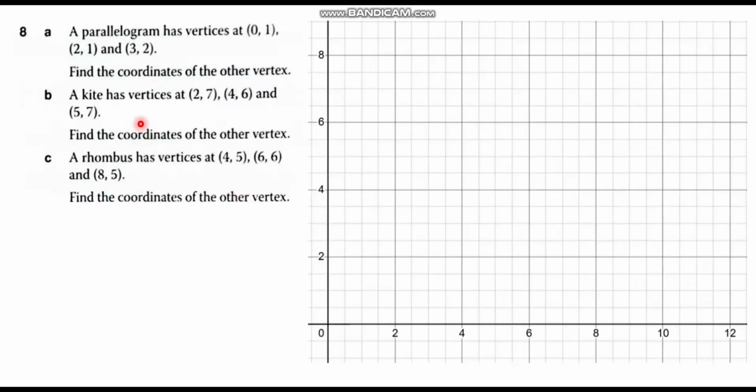Now in the kite, we can also mark the vertices here: here is (2, 7), here is (4, 6), which is shown by point B, and here is (5, 7). Let's join these points.